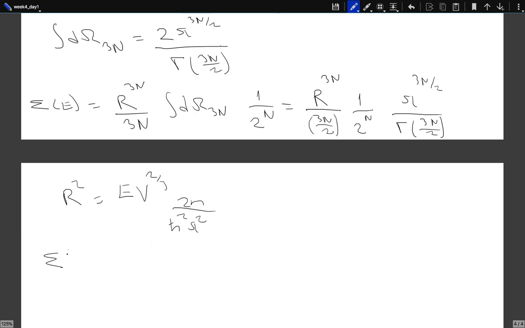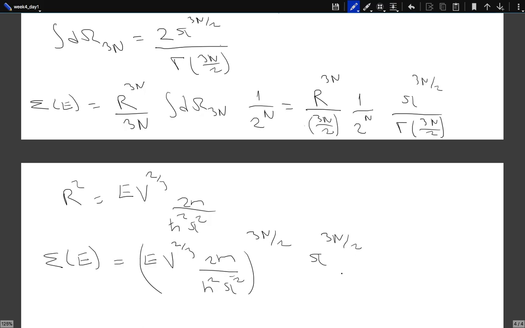So sigma of E is equal to E times V to the 2/3, 2m divided by h bar squared, pi squared, to the power 3n over 2, pi to the 3n over 2 divided by 2 to the n times gamma 3n over 2 plus 1.